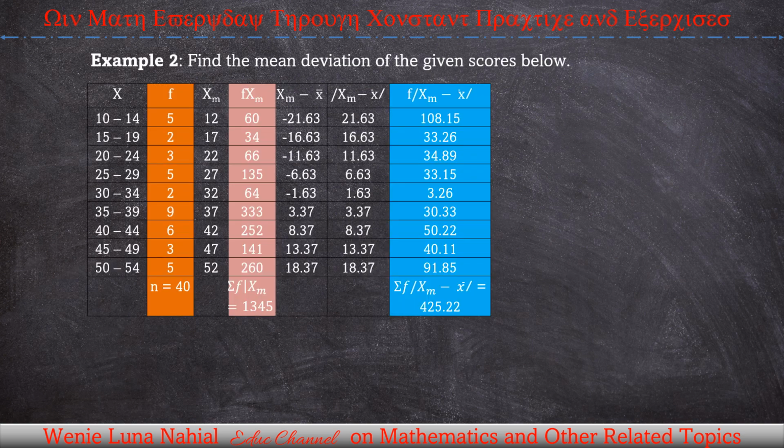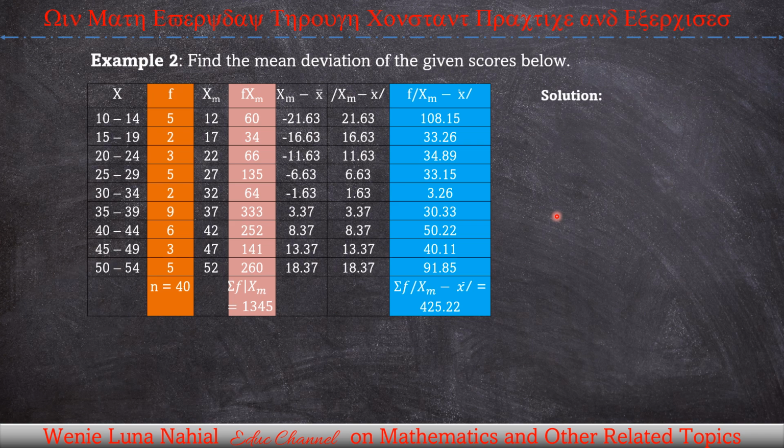Example, find the mean deviation of the given scores. Now the scores are already grouped here. We have the table. And to be able to get the mean deviation, we have to get first the mean.